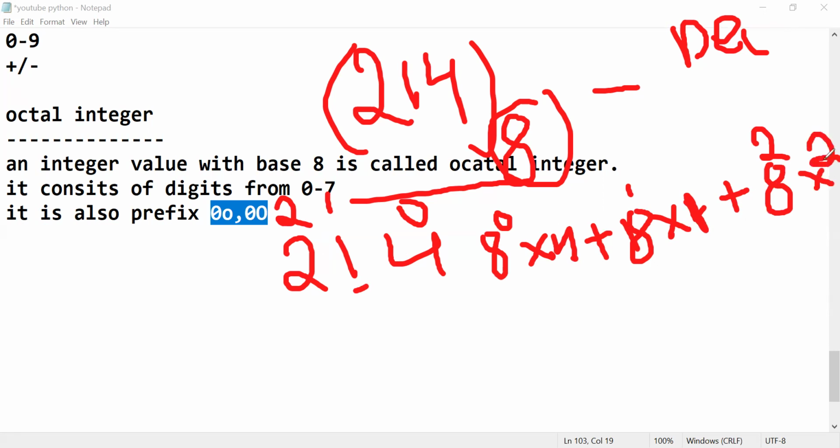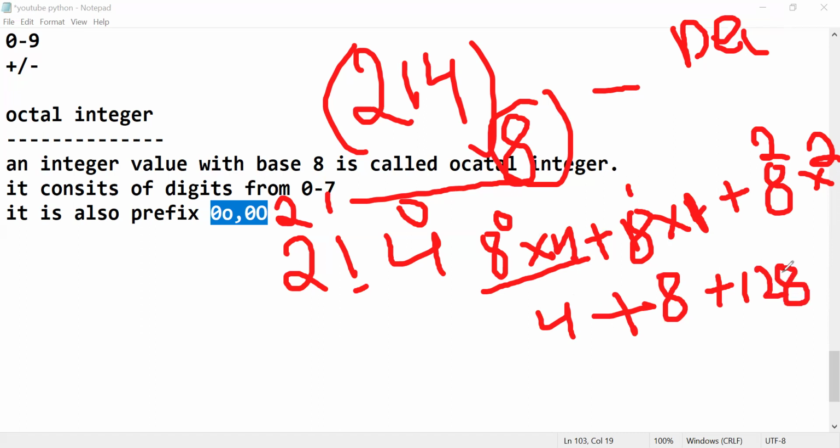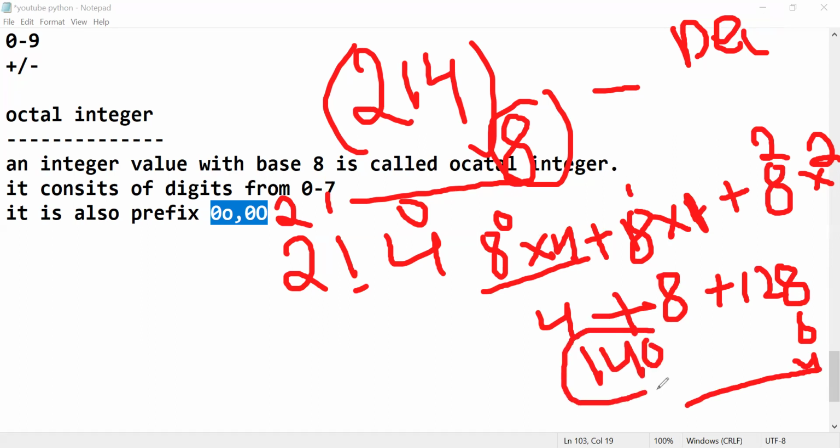Here, how much do we get? Power 0 is always 1, guys. So we get 4, and 8 power 1 is 8, into 1, 8 ones are 8, and 8 power 2 is 64, and 64 into 2 we get 128, guys. If you sum 128, 8 and 4, adding all these three, we get the output 140, guys. We get the answer as 140.